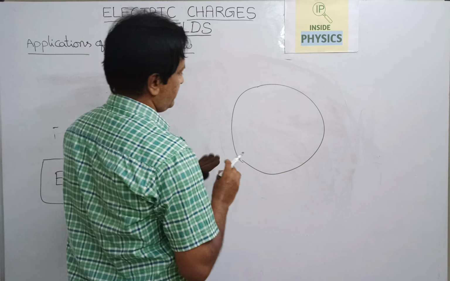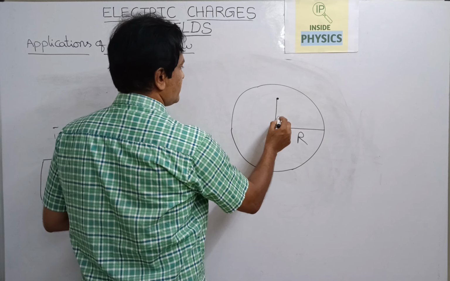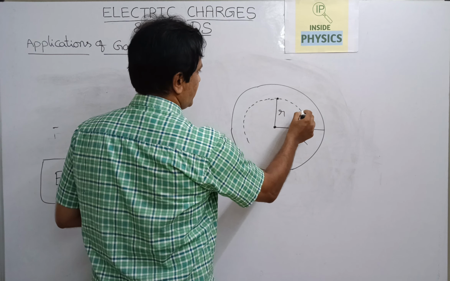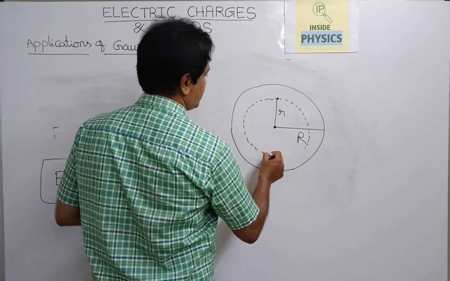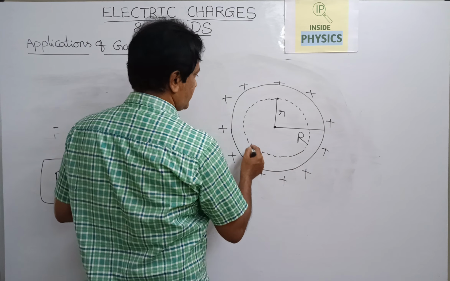This may not be as good as a circle, but the radius of the sphere is smaller, and I will take a small point here which is at a smaller distance, and this is the Gaussian surface. We are calculating the electric field due to this charged sphere. This is case B. Case A is a point outside the sphere. Case B is a point inside the sphere. So this is the Gaussian surface.